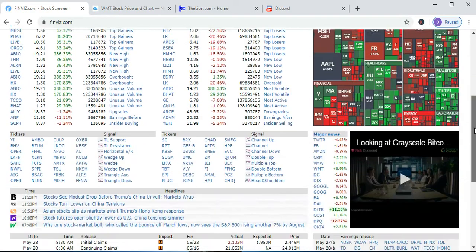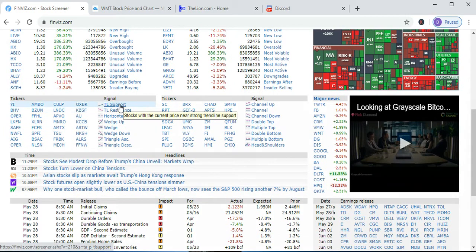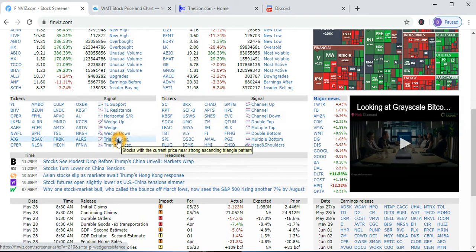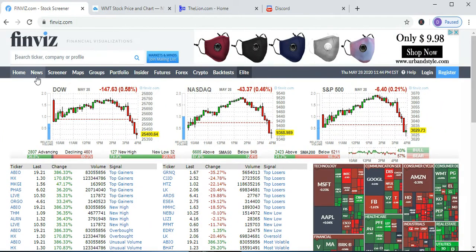There's a couple other features here, such as showing you tickers that are hitting trendline support and resistance. These tend to not be so good because they work on a multi-day time frame, like up to 30 days. So if you're a day trader, these likely won't be trading on the time frames that you're looking for. My favorite resource on FINVIZ, however, is the screener.